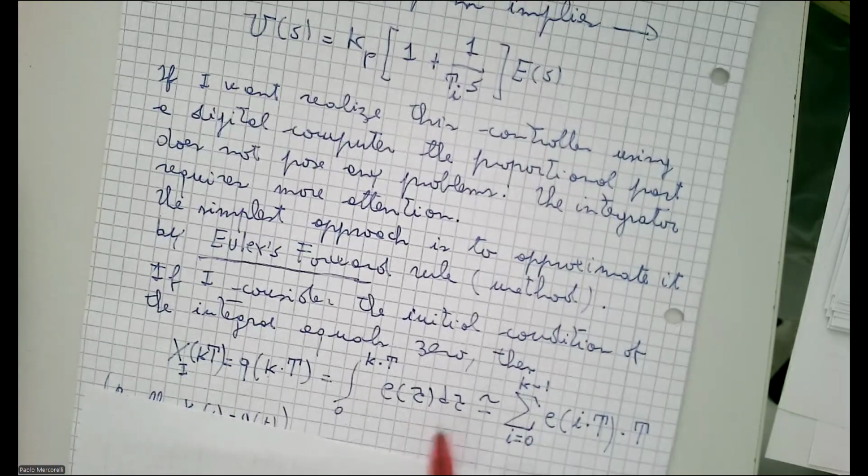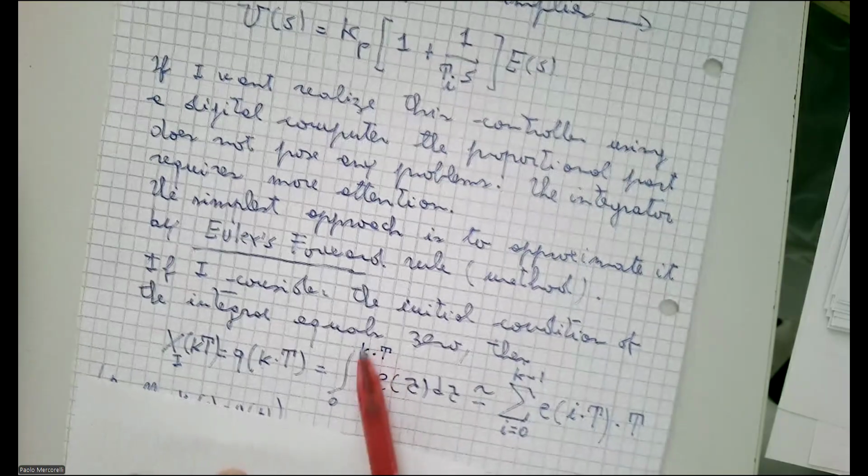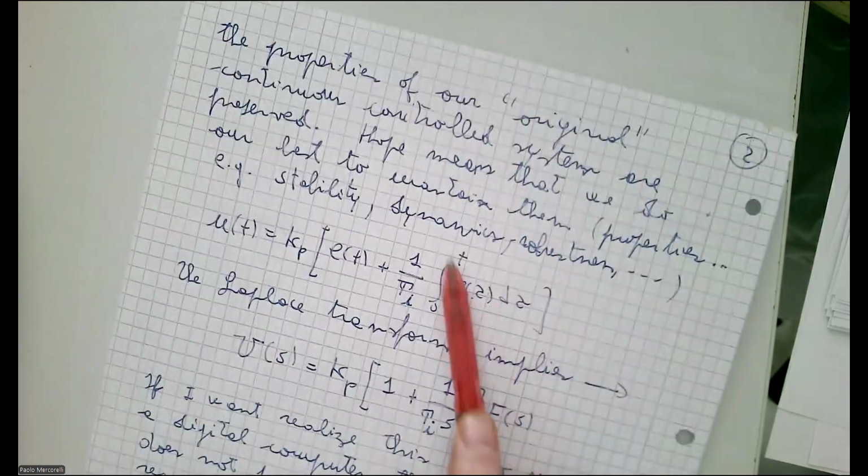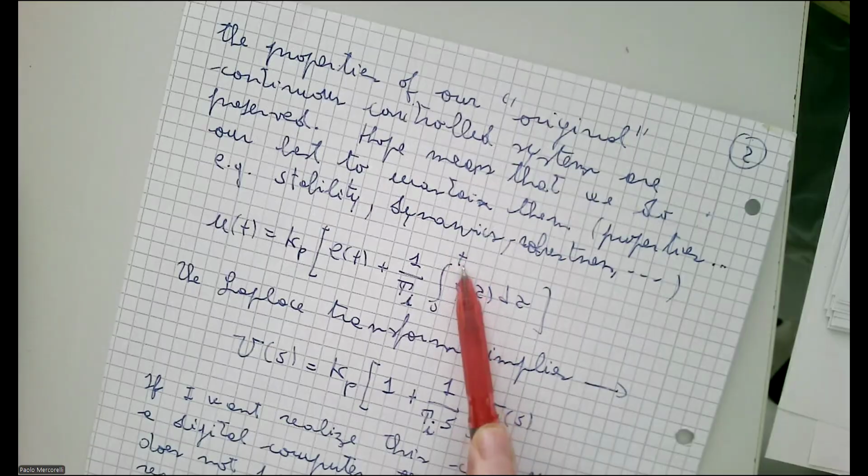You remember, in mathematics, we have to distinguish this argument with respect to this variable here, even though this represents the time, this is the time inside the integral. This is the time of the extreme of the integral.